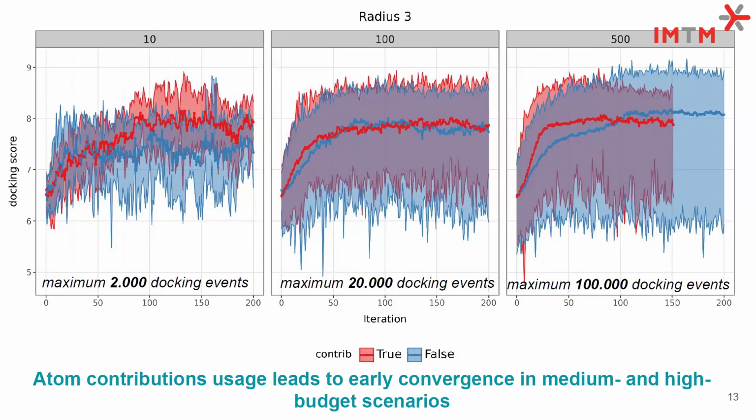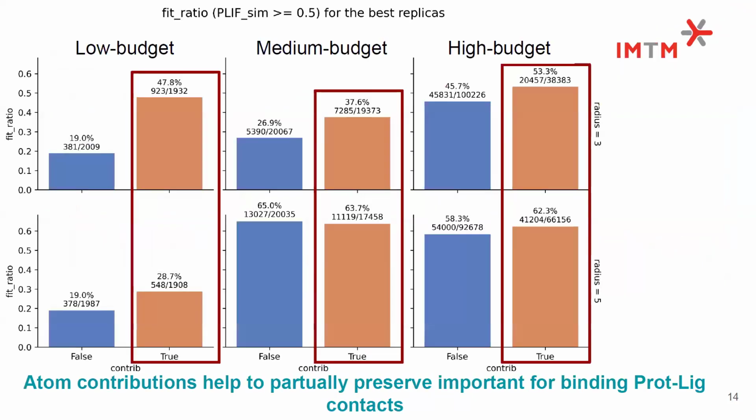But as you can see, for the low budget scenario, where there are only 2,000 docking events, we can indeed improve our convergence and our results pretty much.